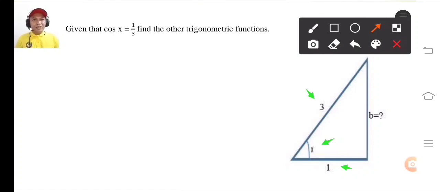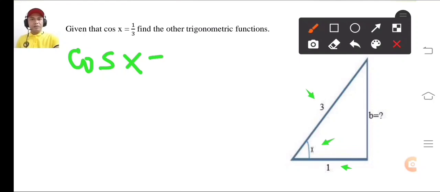So to solve for x, we can make use of cosine x is equal to 1 over 3.